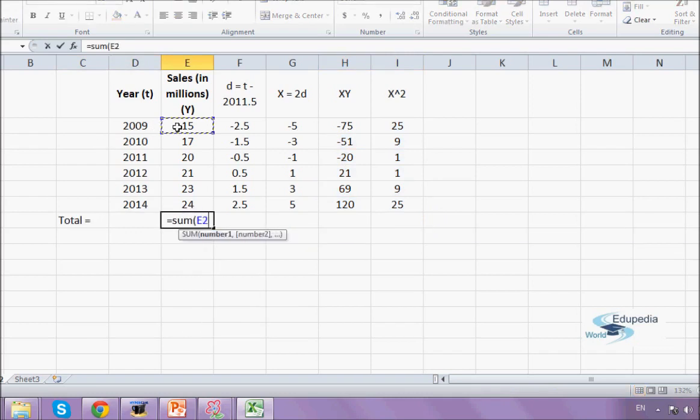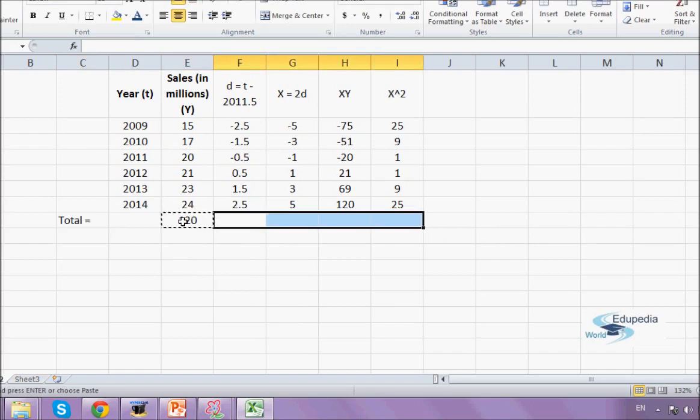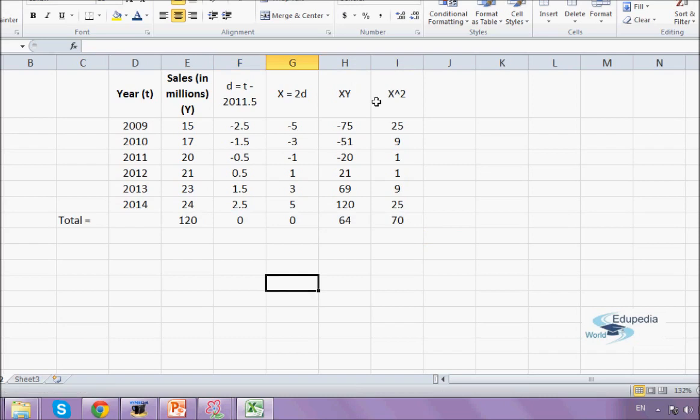Sum of y here would be equal to 120. Further, I need the sum of x into y and sum of x square. So the values here are 64 and 70. I can calculate the value of a. A would be summation of y, which is 120, divided by the number of data.